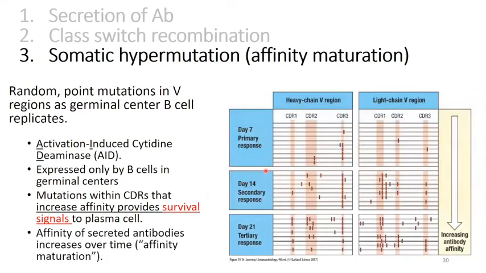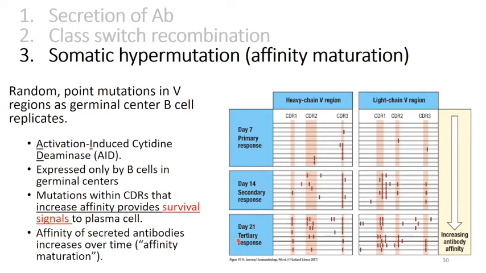And we can actually see that happening. This is kind of a textbook example of the mutations that occur in the V regions of both the heavy chain and the light chain. And you can see this is after day 7. You get a few mutations, but after a boost, so this is a secondary response, we get a lot more mutations.